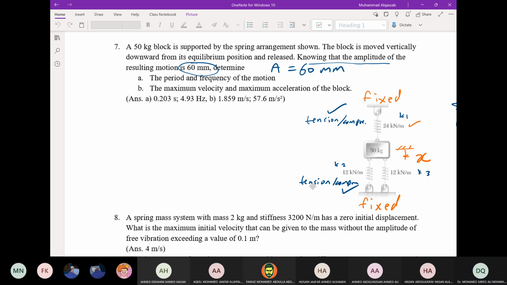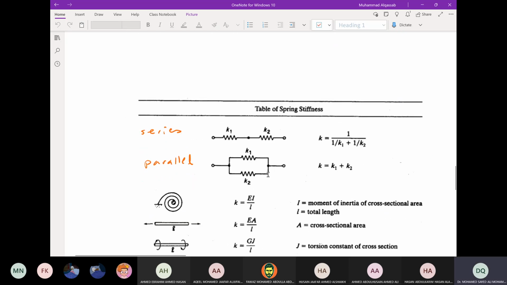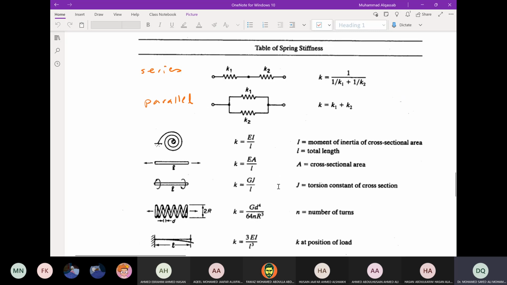So in general, there can be two springs in series or two springs in parallel, or you can extend to more springs than this. As we mentioned before, equivalent stiffness.